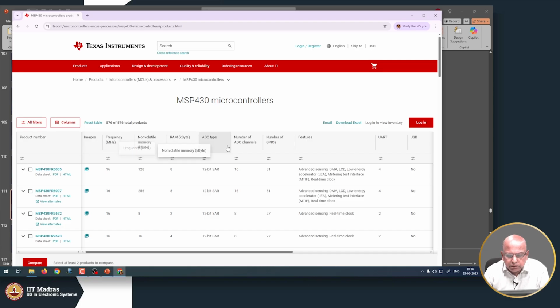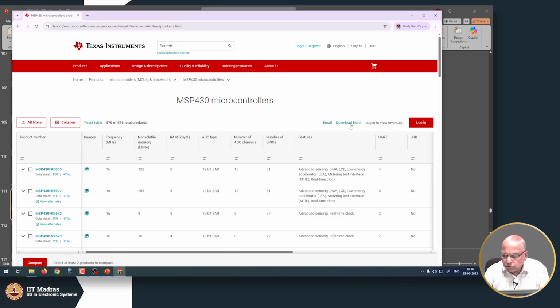And this table gives you what is the speed at which this processor is capable of running, how much non-volatile memory it includes, how much RAM it includes, what kind of ADC it includes, how many ADCs, how many general purpose IOs, and are there any special features, right.